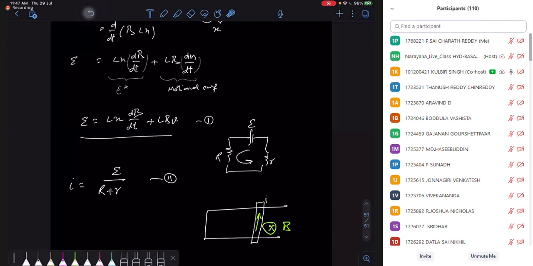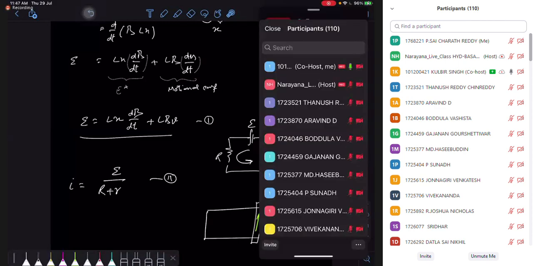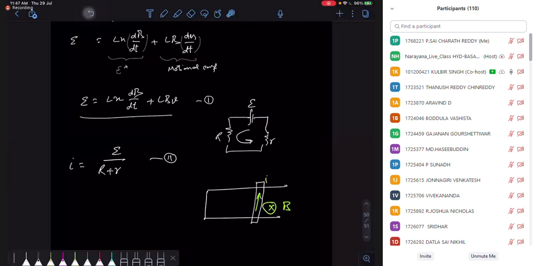So you experience the force. Last week we discussed magnetic forces, BIL sin theta. This force here is BIL sin theta. The angle between the current and the magnetic field is 90 degrees, right?